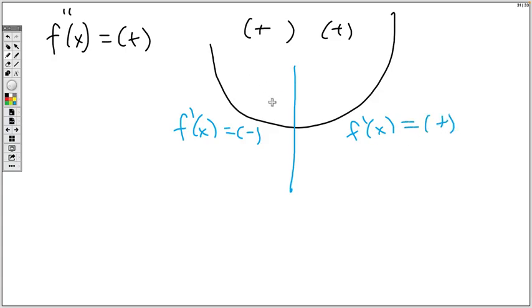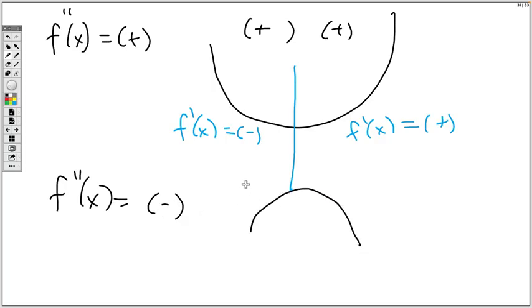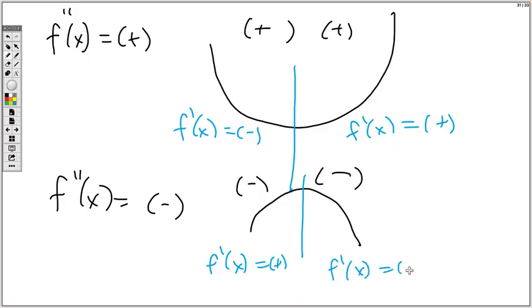So you can be concave up but decreasing, or concave up and increasing. Make sense? On the second derivative is negative, you get that. Once again, you've got two different sides. Here the first derivative is positive, or the first derivative is negative.